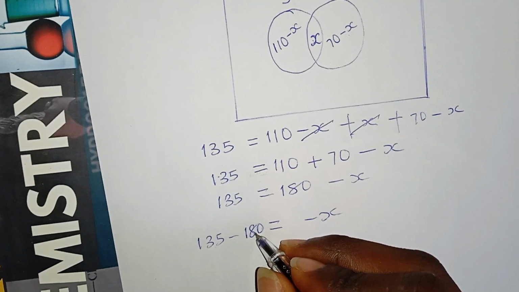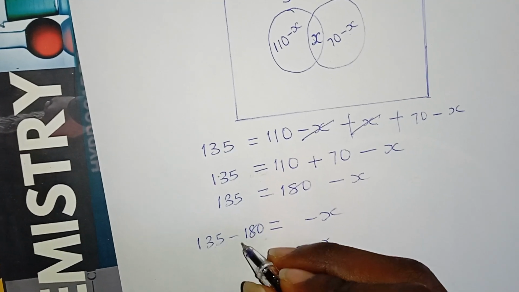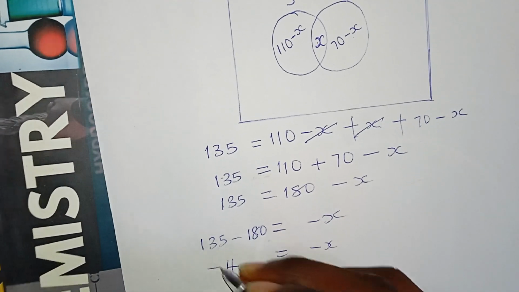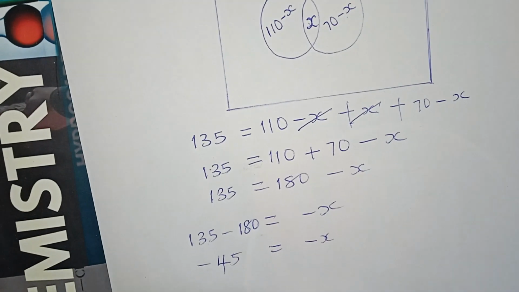Remove 30 here, you're left with 50. Remove 5 here, you're left with negative 45.